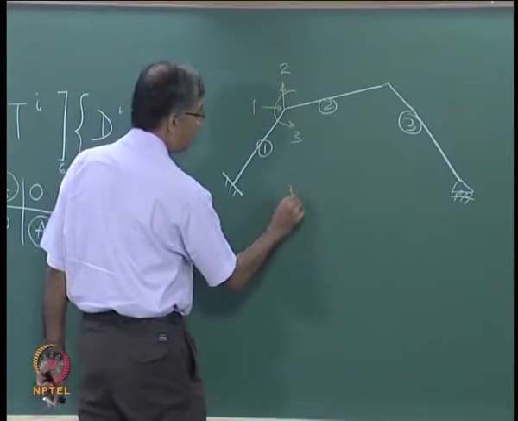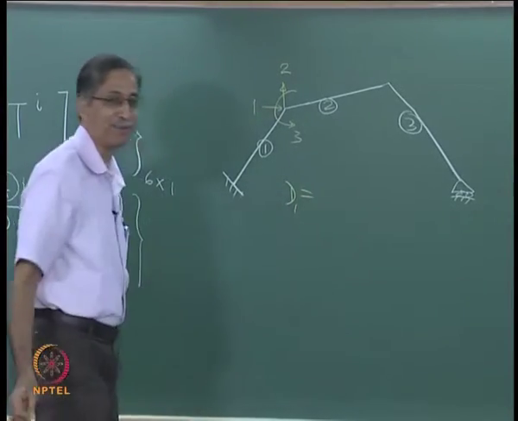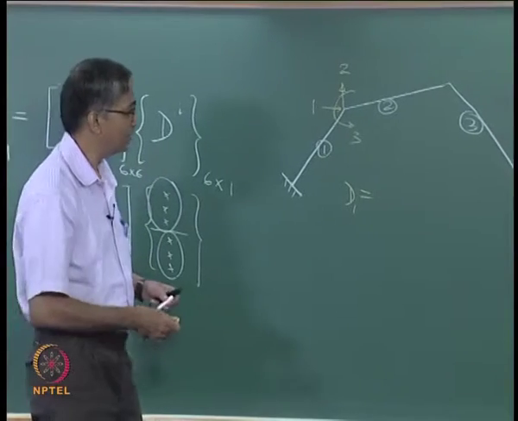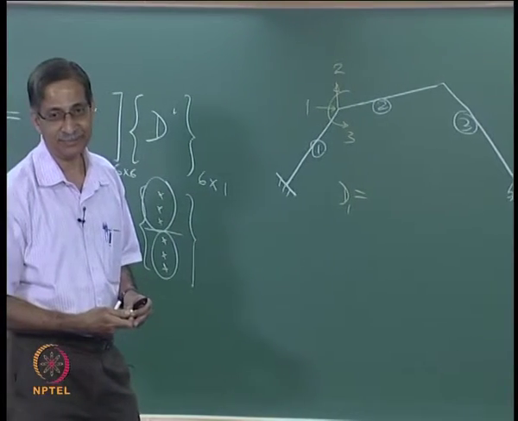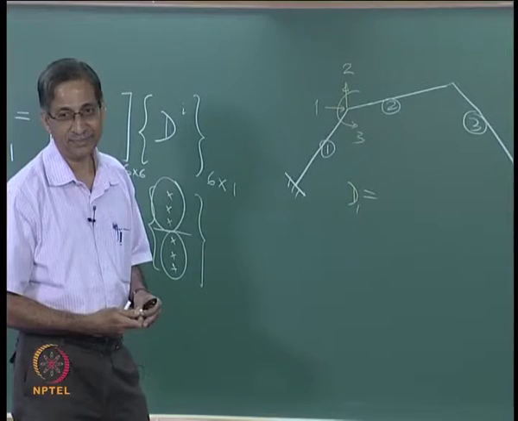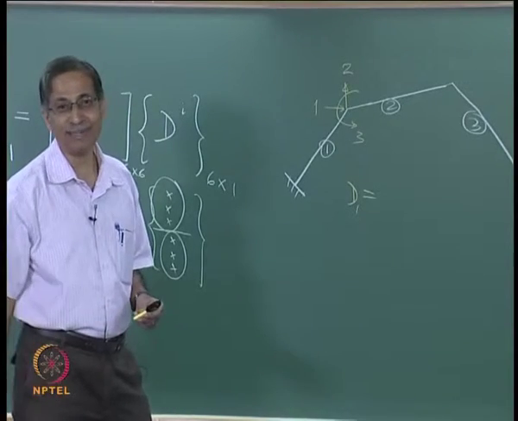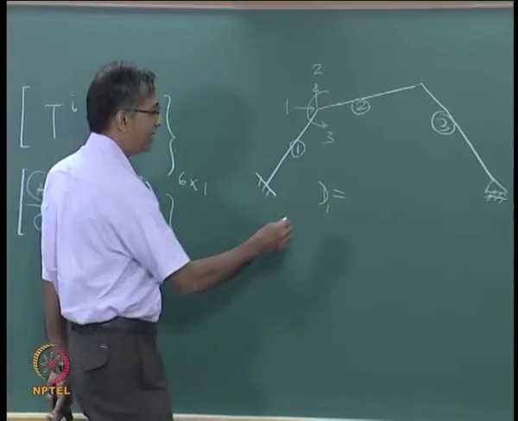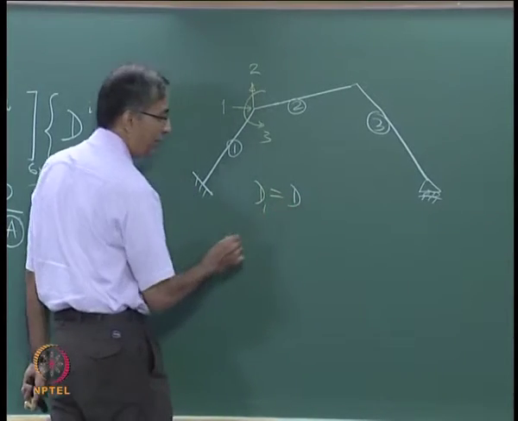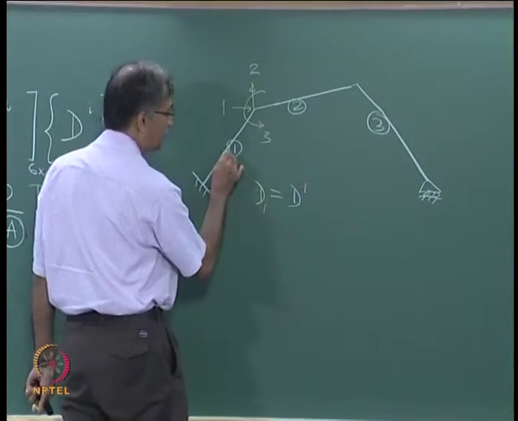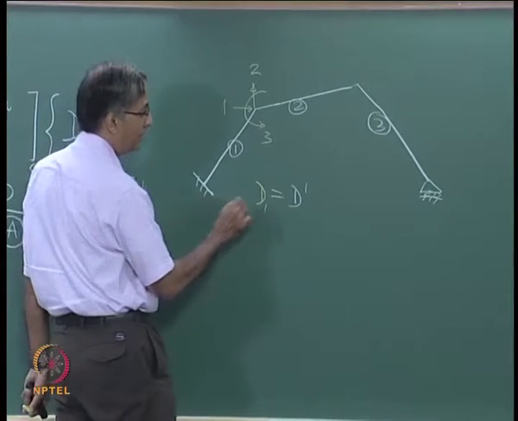Now, what is D1 equal to from the element point of view? How will I write it? See, you now know all the definitions. It is exactly equal to d of the first element, this element. There you go.